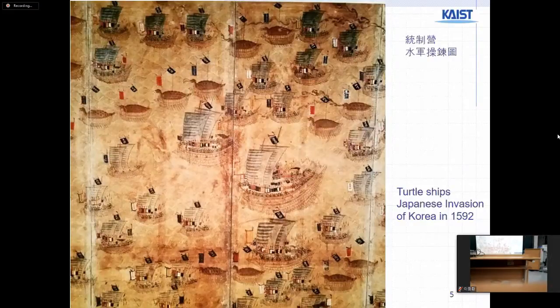And probably this looks like the main leader's ship, the commander ship of Korea, because this picture comes from Korea, and I guess the top side can be the Japanese ships. I'm not sure. There is another picture coming from the Japan side.